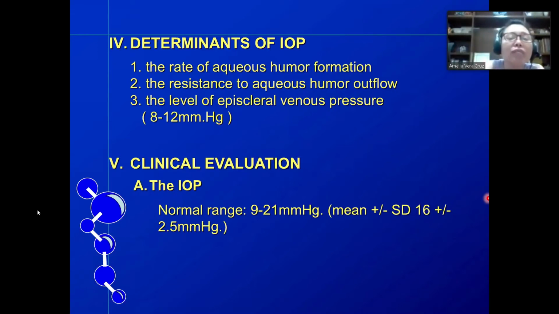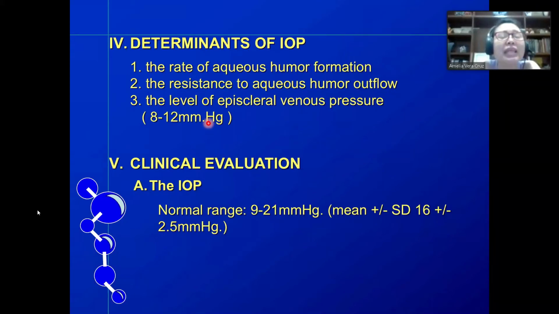But even if these two factors are normal, if your episcleral venous pressure is high, for example in carotid-cavernous fistula, okay? Venous yan. The episcleral venous pressure is high. So that number 1 and number 2 are normal, but it cannot drain well because of the high episcleral venous pressure. Your IOP will still increase.